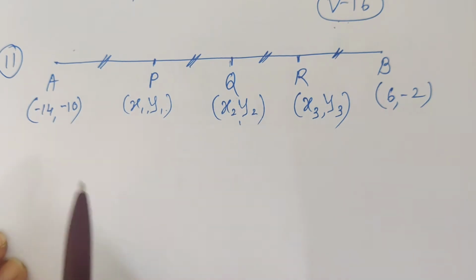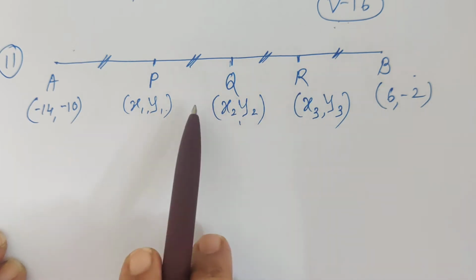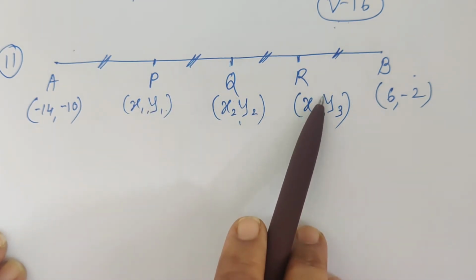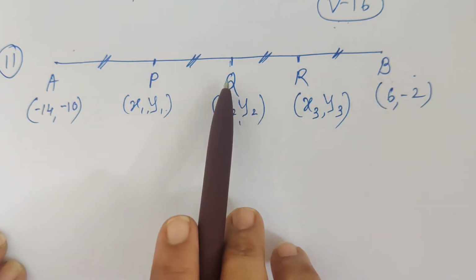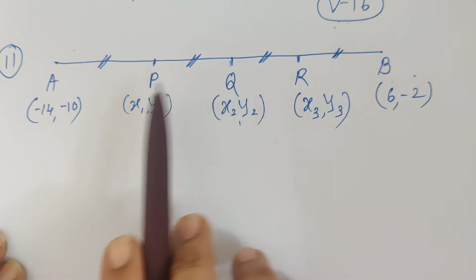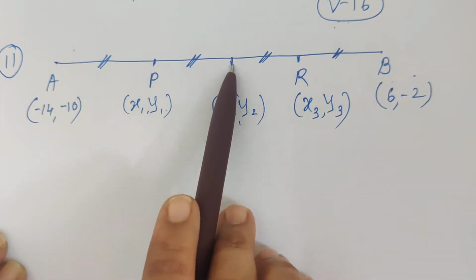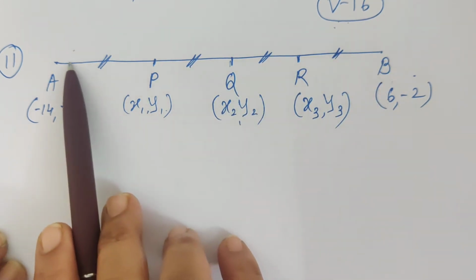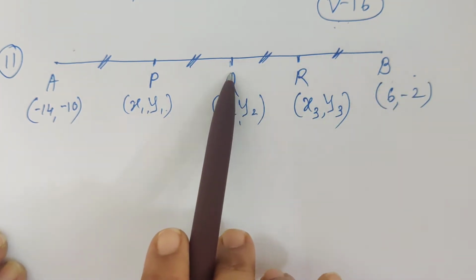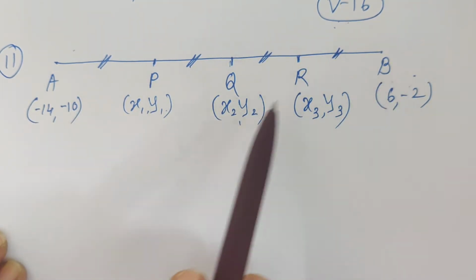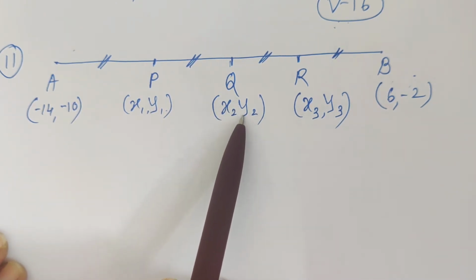Now see, AB is divided into 4 equal parts. According to that, forget P and R for a while. Q is the midpoint of AB, because AP is equal to PQ is equal to QR is equal to RB. One part, two parts on this side, one part, two parts on this side. That means Q is the midpoint of A and B. So first you will find the coordinates of Q using the midpoint formula.